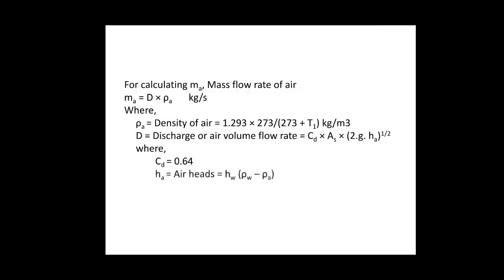A is the area, which we can calculate from the specifications of the instrument. HA is the air head, which can be calculated from the formula HW into rho W minus rho A. HW is the manometric reading, the manometric head, and rho W is the density of water.